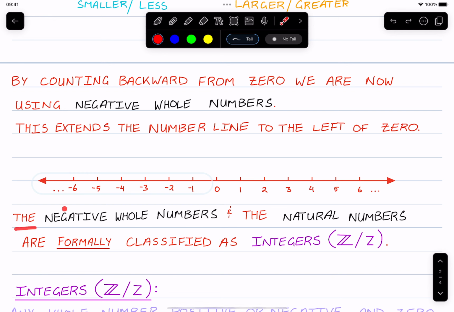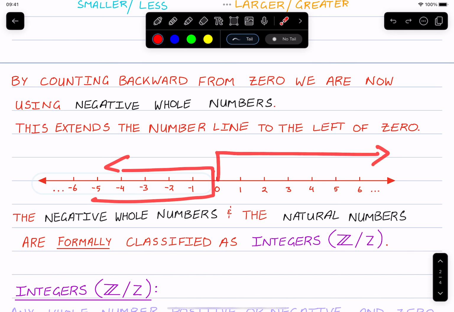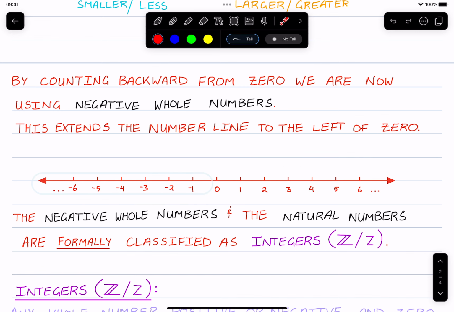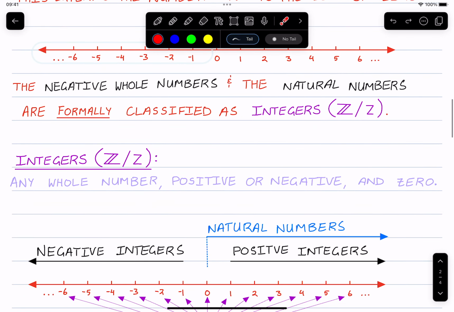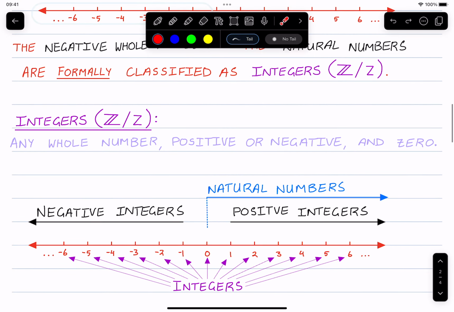So these are negative whole numbers, and these are all the natural numbers. This group is actually called the integers, and it has a special symbol, a special looking Z. Integers are any whole number, positive or negative, and 0.